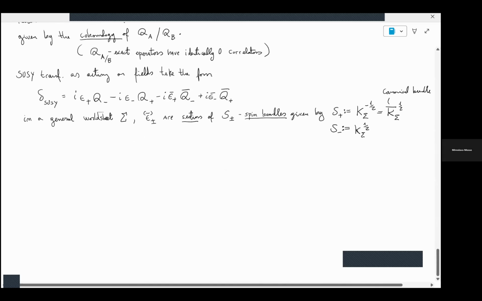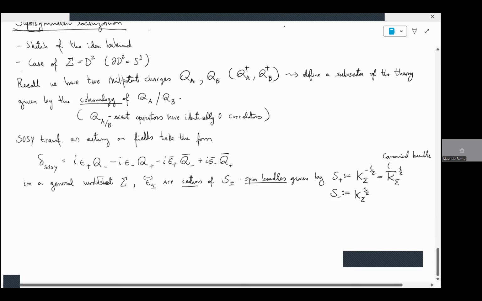Mauricio, I have a question. Yes, please. When you mentioned that the cohomology is given by these charges, can these charges be seen as differential forms or elements of a certain type of cohomology, or what type of cohomology is this one? Good. Yeah, so I was trying to be vague about that because this is kind of a general physics statement.